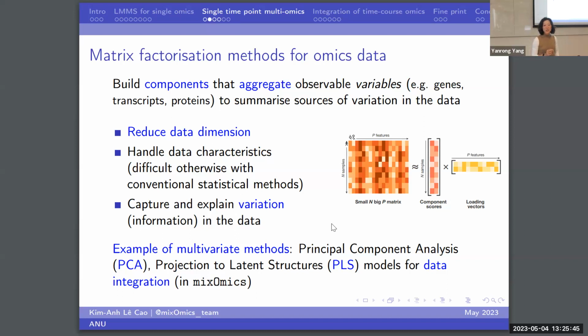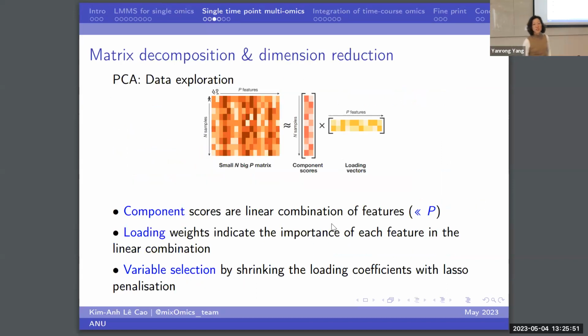And really what we're interested in is to capture the variation of the information from the data. So if I just go to PCA, which is an exploration technique, what I'm trying to do is find the components that are a linear combination of those P features that I have here. So if we are working with gene expression data, you may have 20,000 genes.